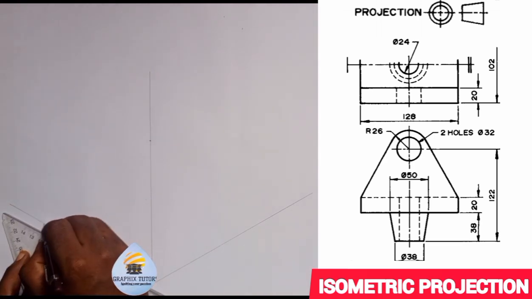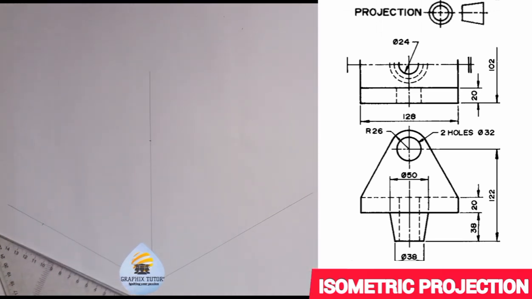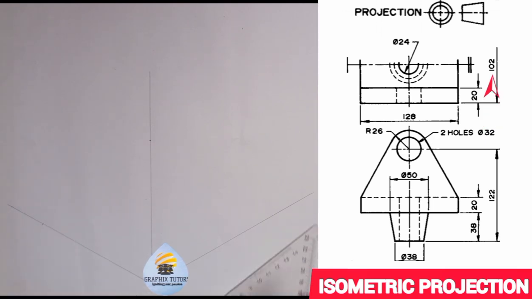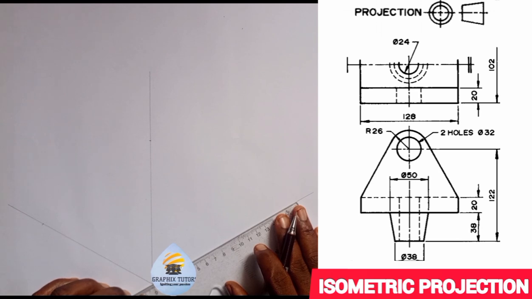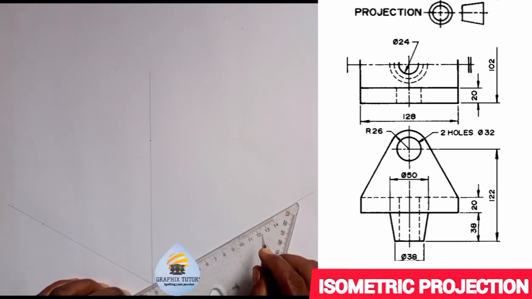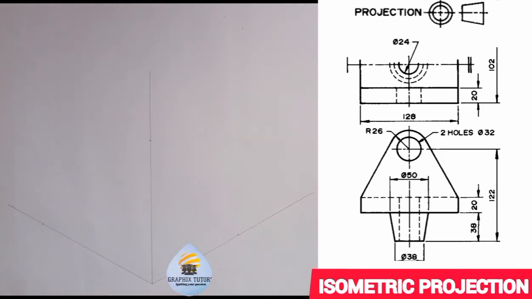Then the other length here is given as 102. You're seeing a center line here, meaning what is at this side is the same as what's at the other side. So it's symmetrical. So I'm going to measure 100 and 102, from 0 to 102, 0 to 10 is 100, 101, 102 here. Can you see that?